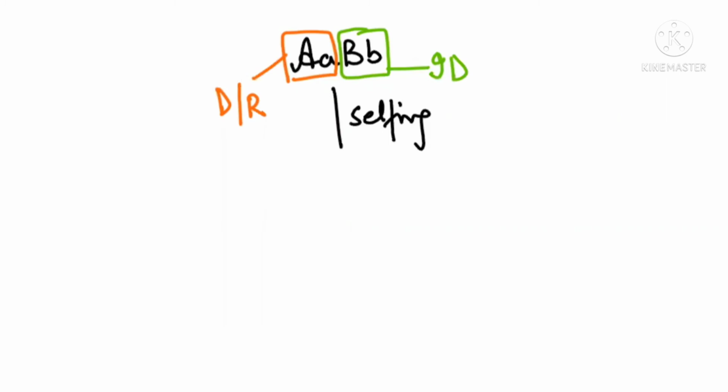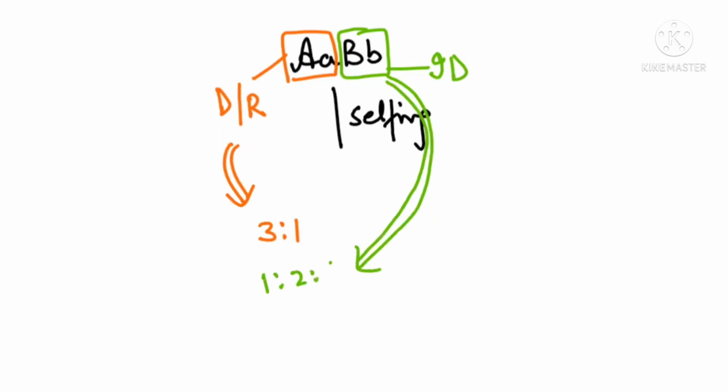You know very well that when this is dominant recessive, it means like Mendel. And the phenotype ratio according to Mendel in the F2 generation was 3:1. Are you getting me, beta? But you know very well, right now we studied incomplete dominance, and according to incomplete dominance, the phenotype ratio you should get is 1:2:1.